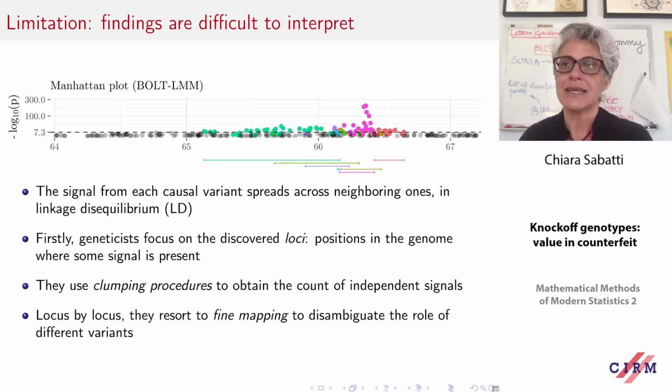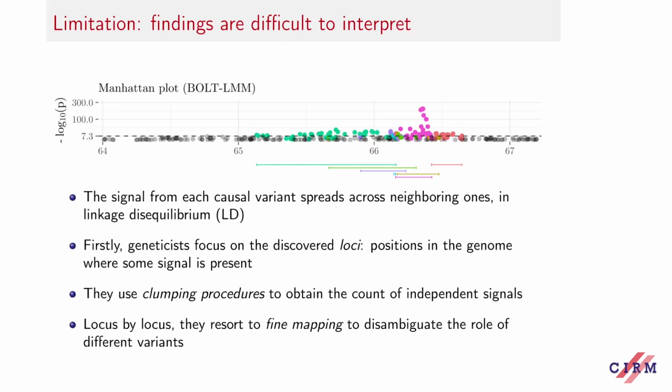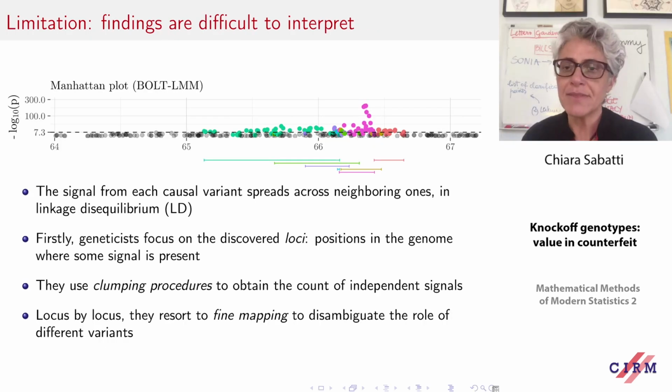Another limitation is that the interpretation of the findings is difficult. So the plot that you see here is much more contemporary than the ones that I have shared with you so far. It refers to height, and the data set that has been used to construct it is the UK Biobank. This is a large collection that includes approximately 500,000 individuals, with a very large number of SNPs genotyped.